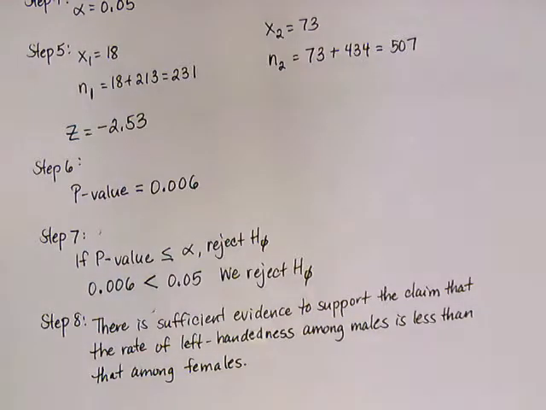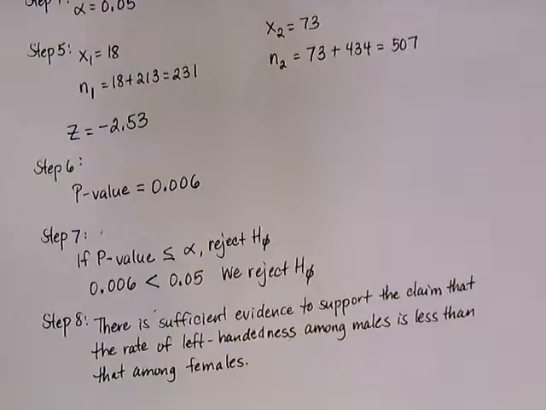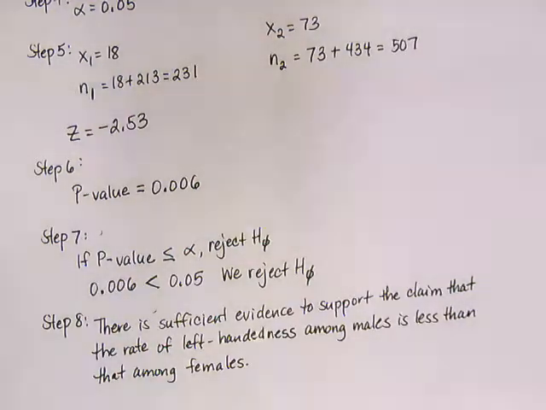Okay. So all of that was part A. So here we found that there was sufficient evidence to support the claim. Now in part B, they want the confidence interval for this.